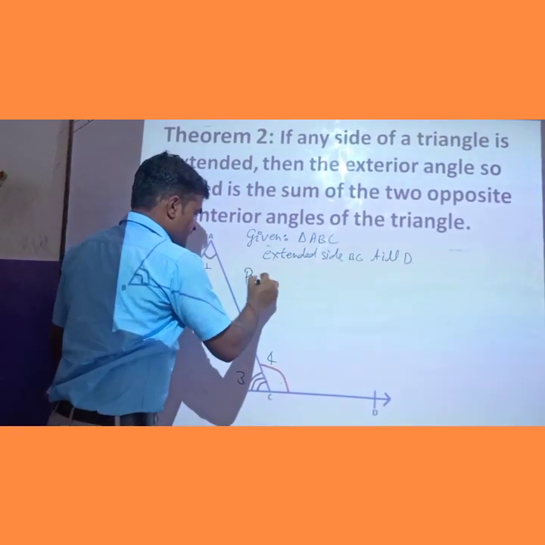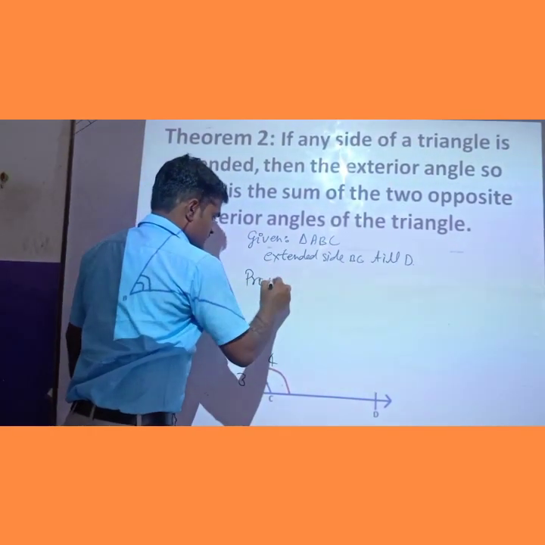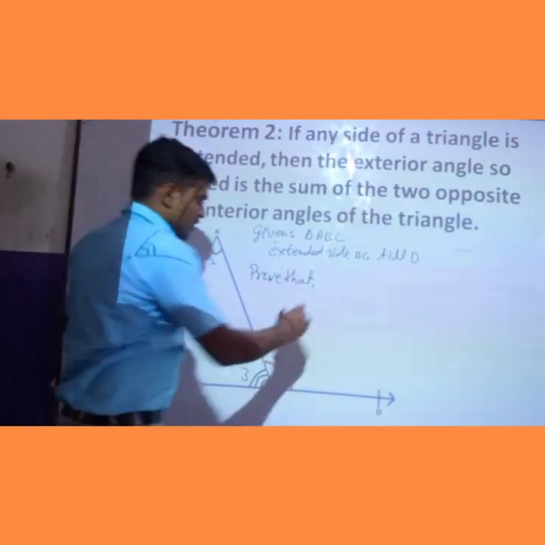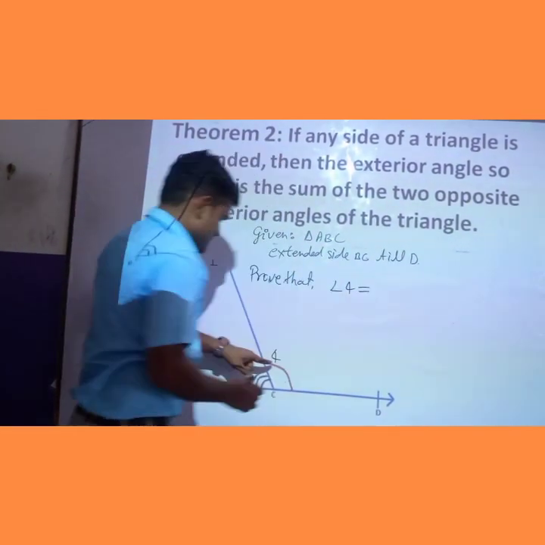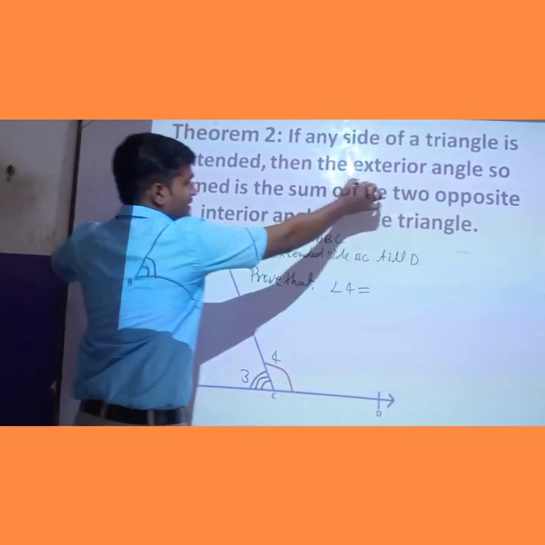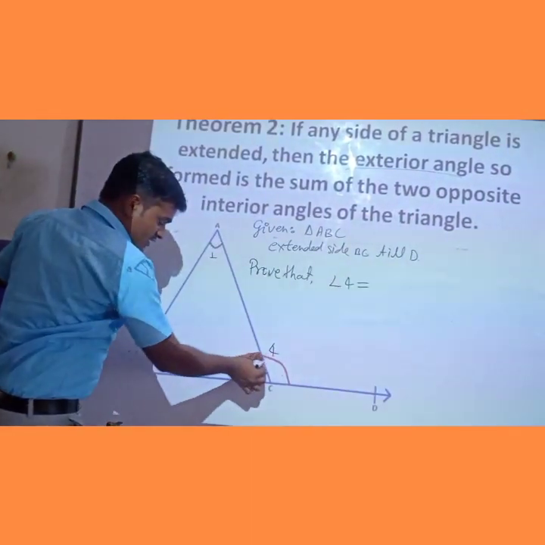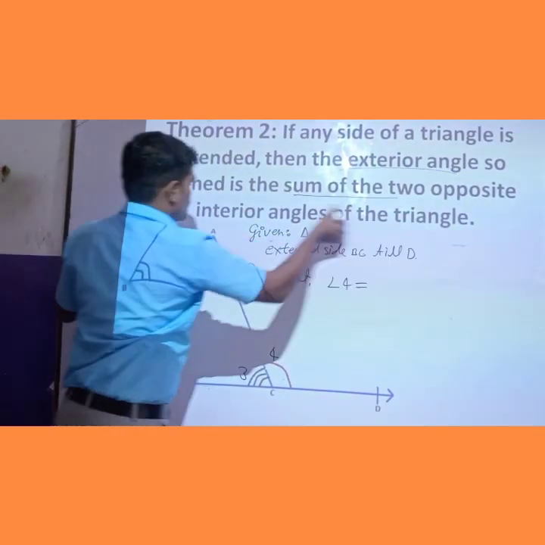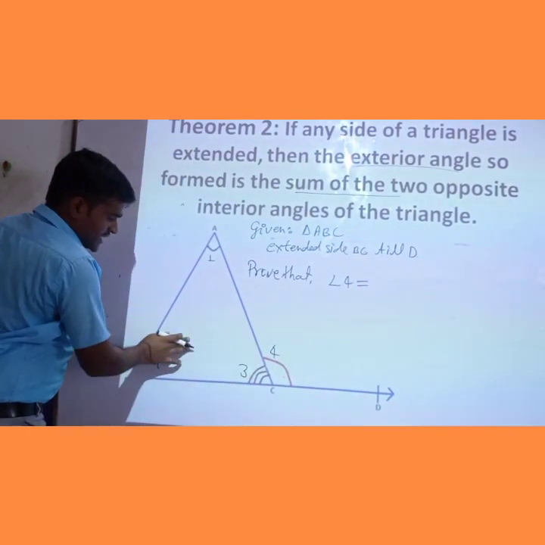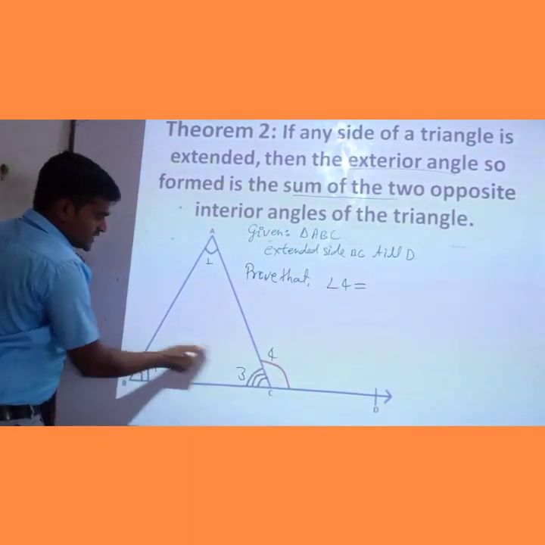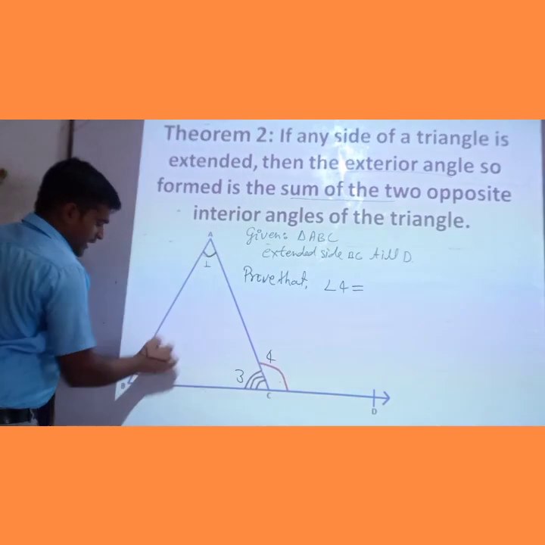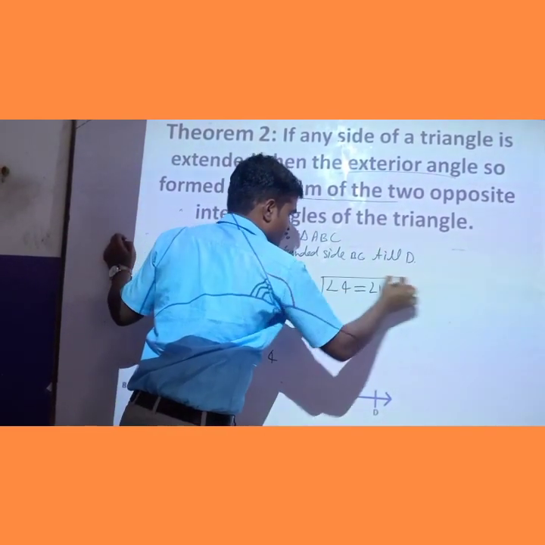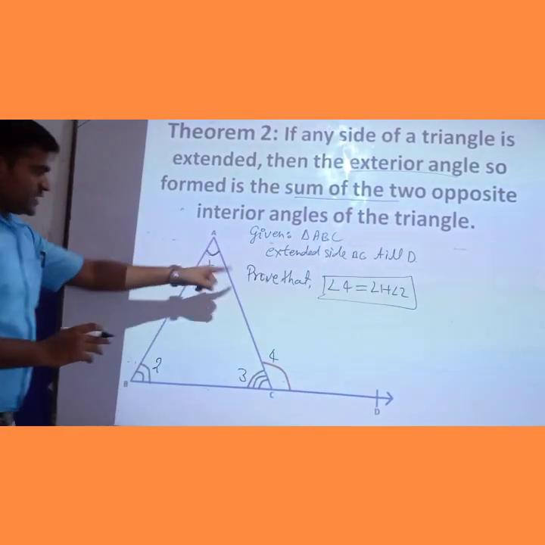What we have to prove is that the exterior angle 4 so formed is equal to the sum of the two opposite interior angles. Which angles are opposite interior to angle 4? Angle 1 and angle 2. So we have to prove that angle 4 is equal to angle 1 plus angle 2.